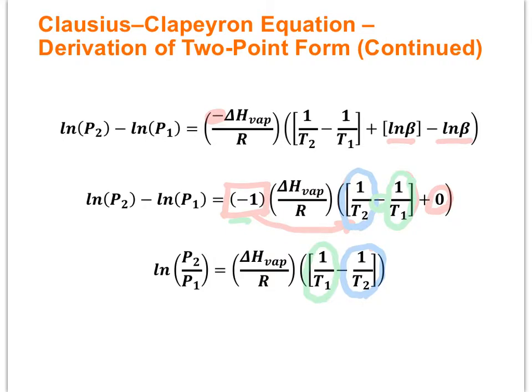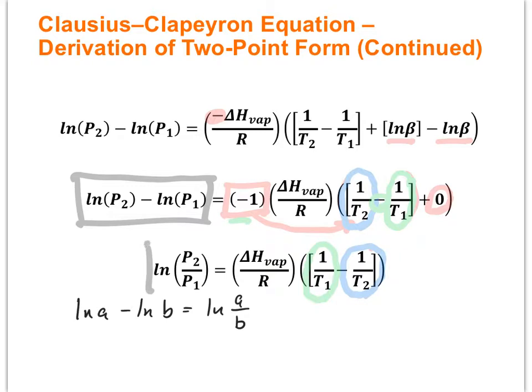And also we have to remember our rule, that is that if we have the natural log of A minus the natural log of B, that is equal to the natural log of A divided by B. So we can apply that rule on this term, which gives us this.